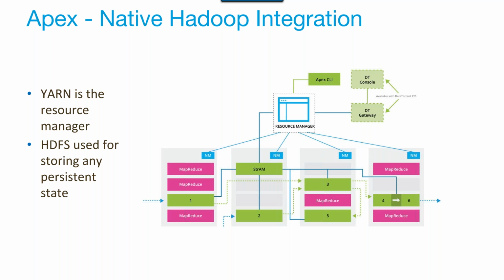These are web UIs which are used for launching and monitoring the applications, and these are proprietary tools of DataTorrent. So here YARN is the resource manager, and HDFS is used for storing any persistent state. And these are the components of the hardware.